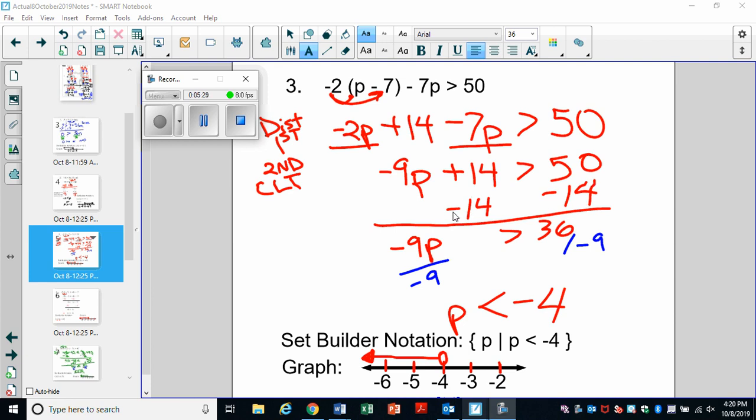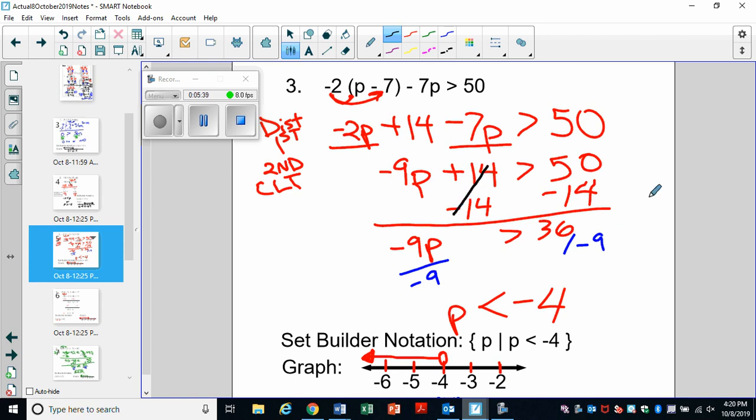Because, again, we need to subtract 14 on both sides so that the positive 14 and negative 14 cancel. 50 minus 14 is 36.